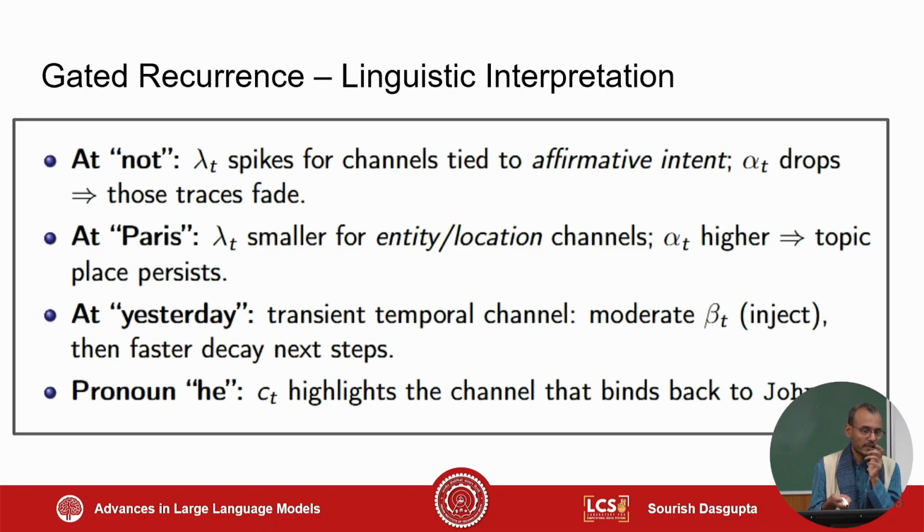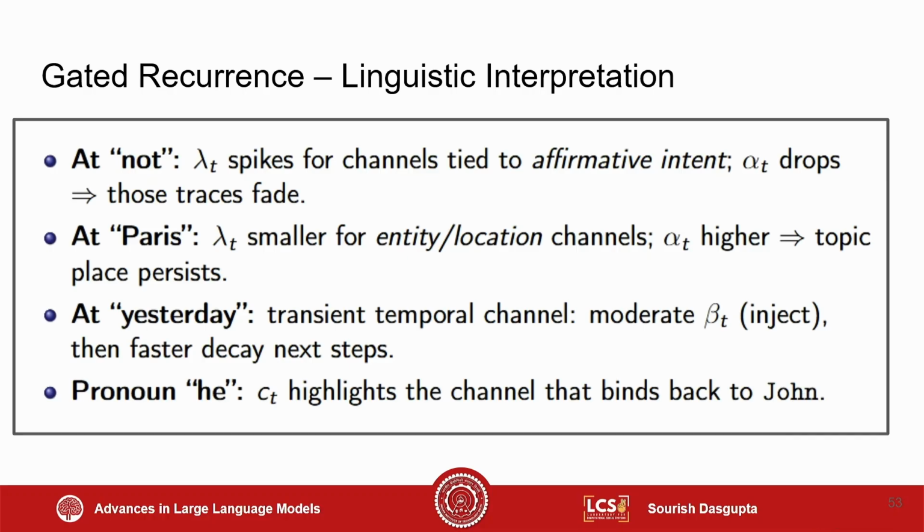So the gated recurrence interpretation is that lambda t spikes for channels tied to affirmative intent when a negation comes in. So you have to drop that down. If there was an affirmative intent, you have to drop it down the moment not comes in. When Paris comes in, lambda t should be smaller for the entity location channel, and alpha t should be higher for the topic, the place topic or the location. So that should go up.